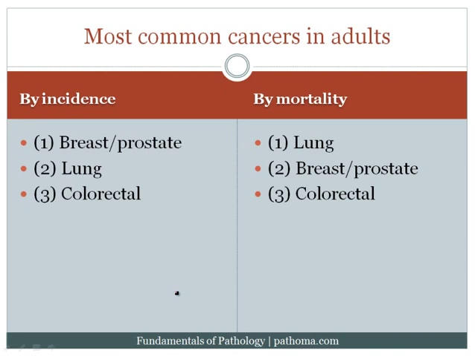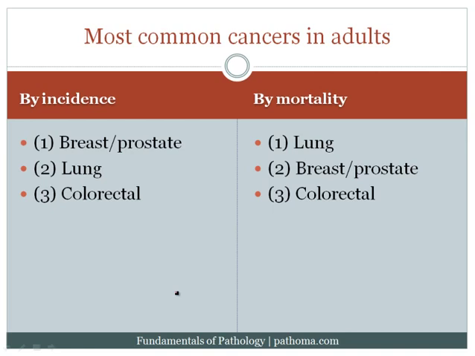So squamous cell carcinoma and basal cell carcinoma of the skin are very common tumors, but we're going to exclude them because although they're malignant, they rarely metastasize, and they're more of a nuisance than anything else. They quickly reveal themselves because they're on the skin, and they can easily be treated and are not commonly a cause of death. And so basically we're going to remove those tumors from the list, and we're going to talk about the most common cancers in adults by incidence and by mortality.